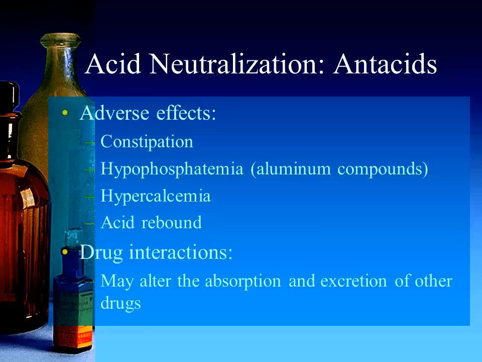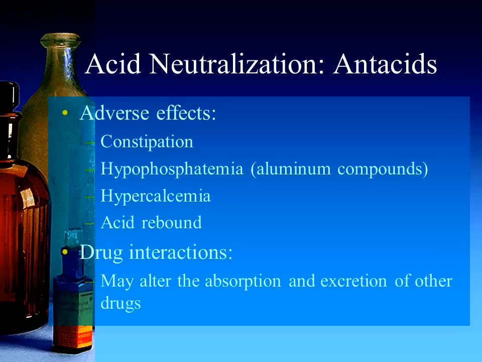Constipation can occur. We can actually end up with hypophosphatemia. That's the ones that have a high aluminum content in them, can cause low amounts of phosphates in the blood. Hypercalcemia, excessive calcium in the blood, and acid rebound.